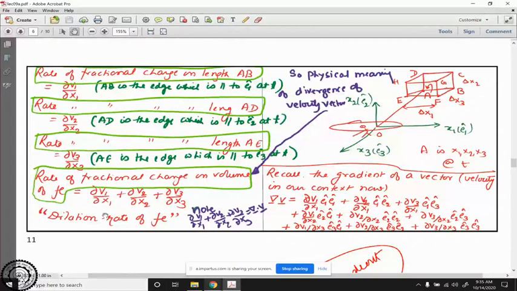Earlier it was del V1 del X1 plus del V2 del X2, and we stopped there. But for the general flow field, there will be another contribution coming from del V3 del X3. That will be the rate of fractional change in volume of the fluid element. Now, in some texts this is also called the dilation rate of the fluid element, right?